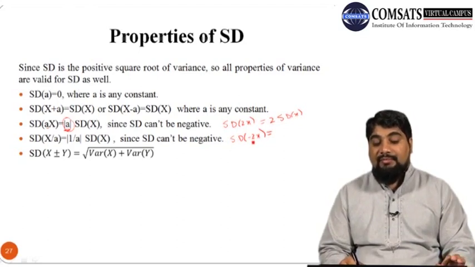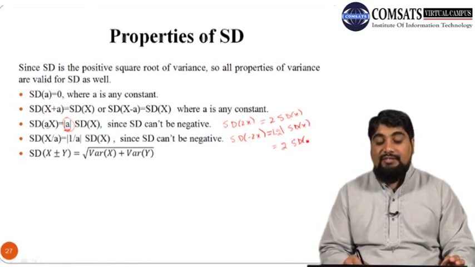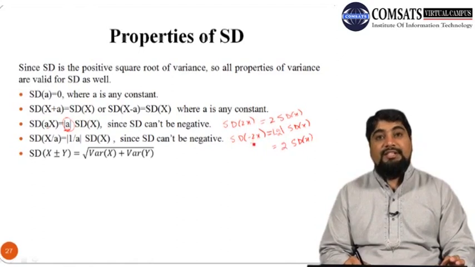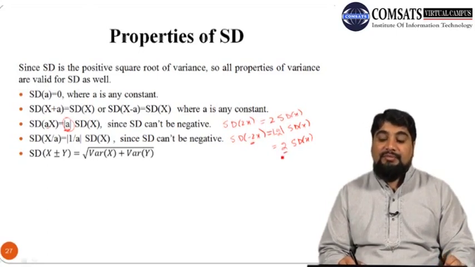So this will be again the absolute value of minus 2 times standard deviation of x, and we can write it as 2 times standard deviation of x. So it means even if this constant is a negative number, we will write it in positive form.